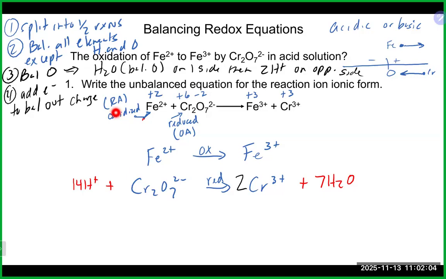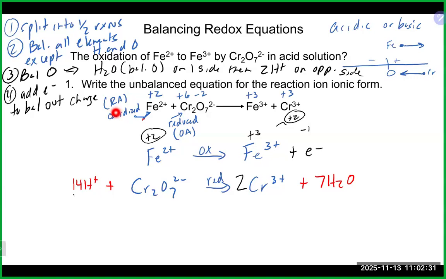The best and easiest way to do it is just take overall charges of everything. You shouldn't go element by element because the overall charge does that for you. So this is +2 overall on this side. This is +3 overall on this side. That means I need an electron on that side, which would give me +3, and -1 gives me a +2 on the right to match the +2 on the left.